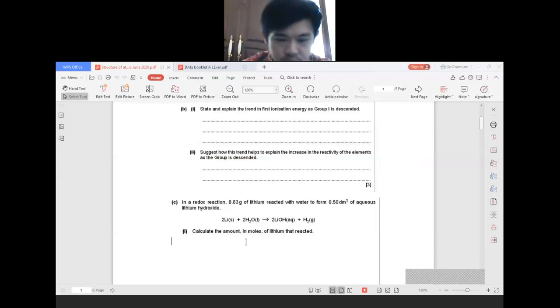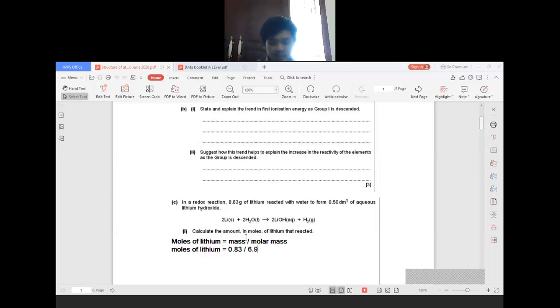So moles of lithium equals mass divided by molar mass, and moles of lithium equals 0.83 divided by 6.9. Why 6.9?